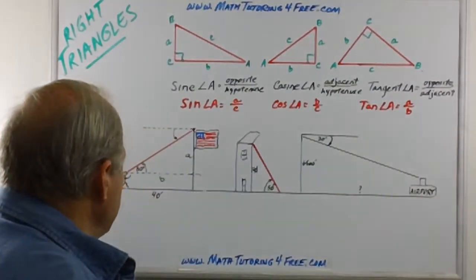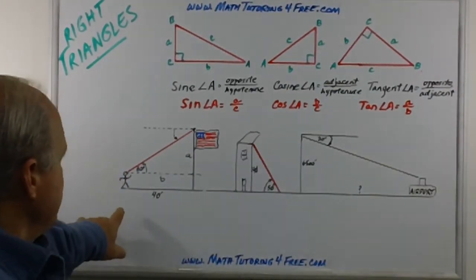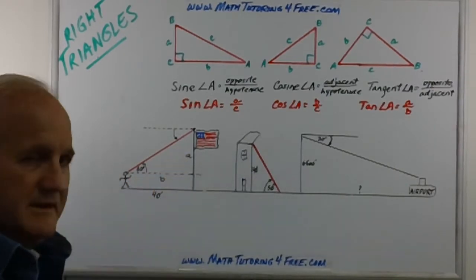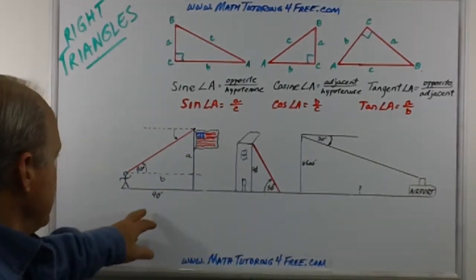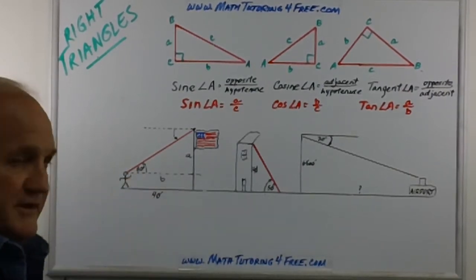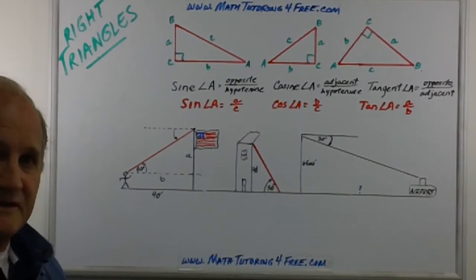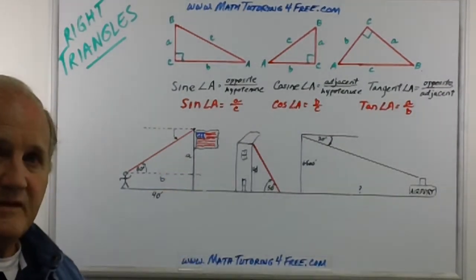The first example up here, for instance, is an individual looking at a flagpole. The question is, he's 40 feet from the flagpole. His angle of elevation in this case is 60 degrees. And the question is, how tall is the flagpole?